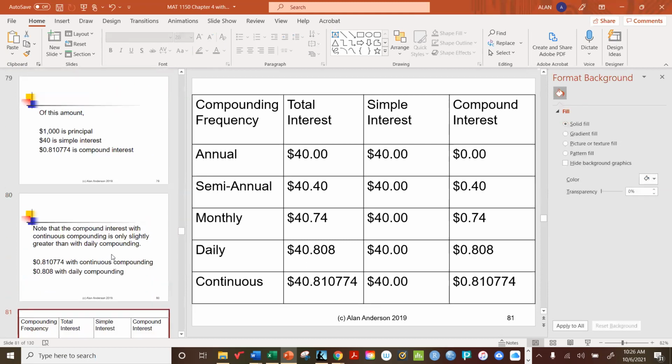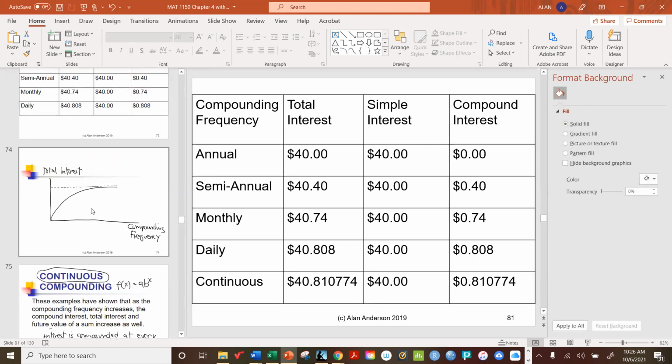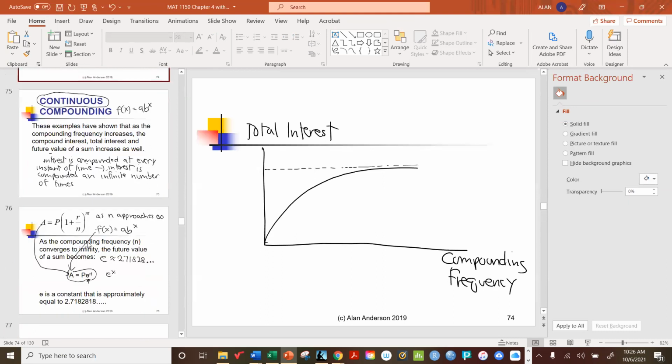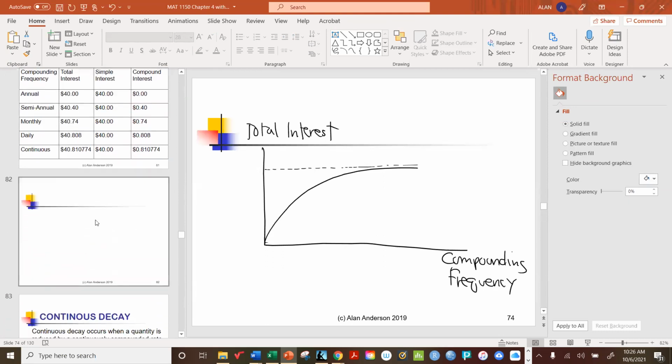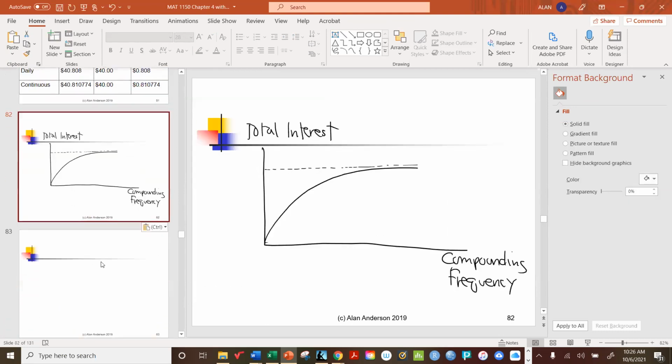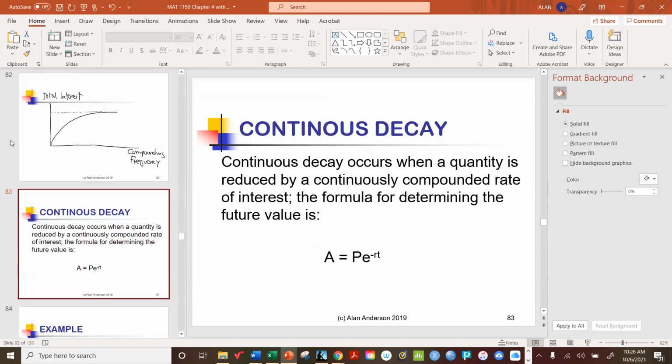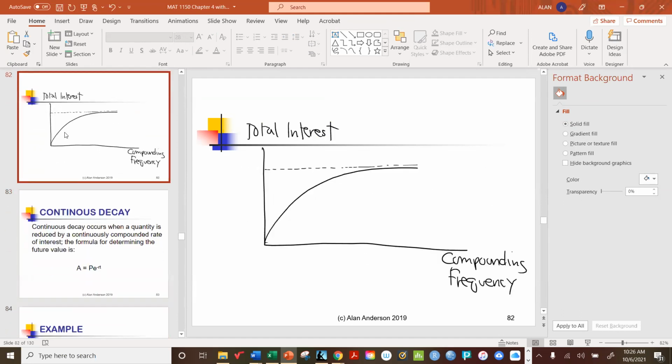And in fact, let's go get my graph back here. And I can add one more important detail to this thing, which is this line, this limiting case is continuous compounding.